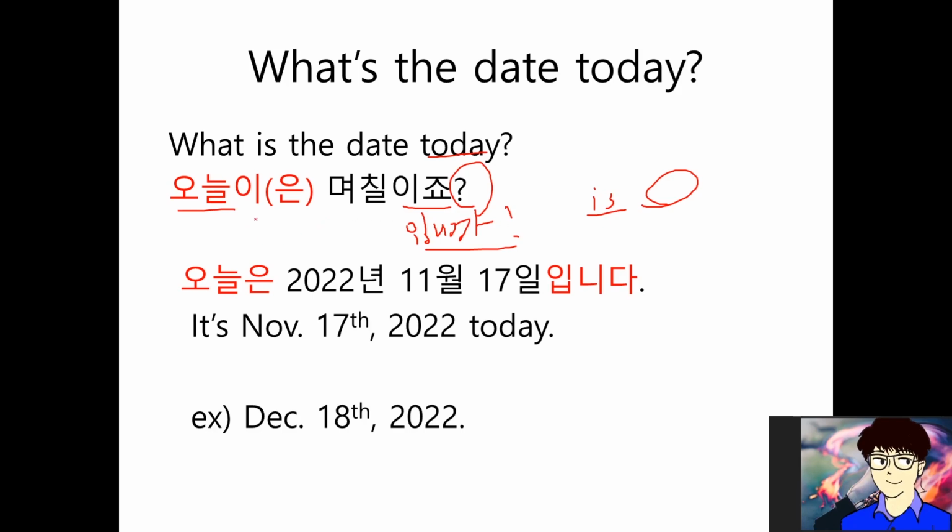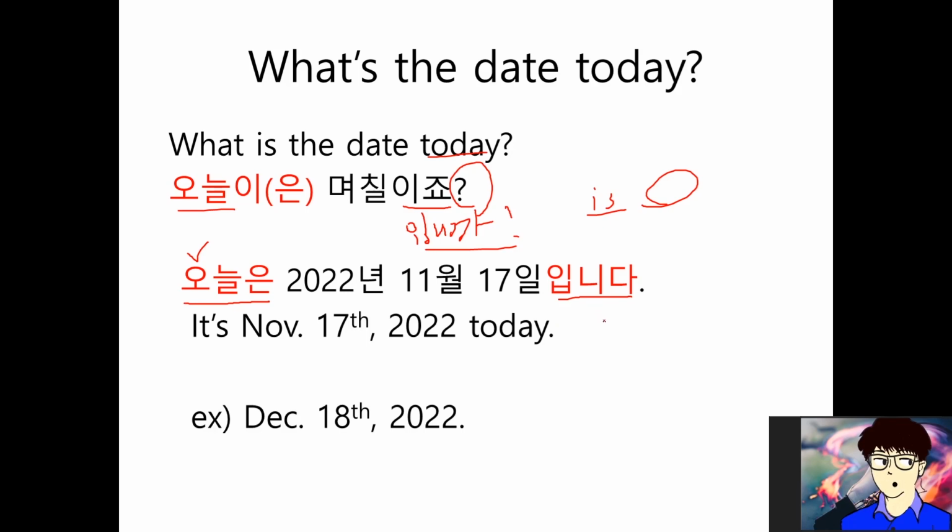Okay? So 오늘이 며칠이죠? In that case, you have to answer today it's blah blah, right? So you have to say in Korean, today 오늘은, and the date, and the next thing 입니다. You have to put the date between 오늘은 and 입니다.